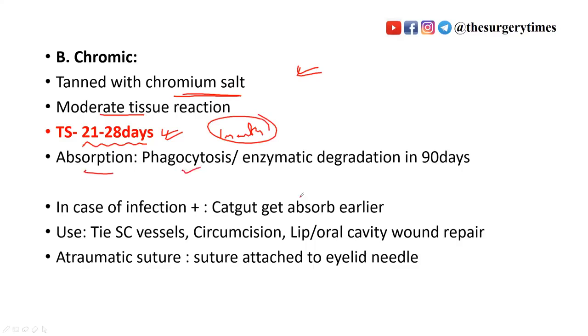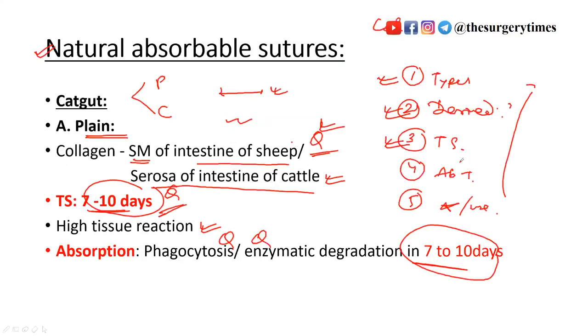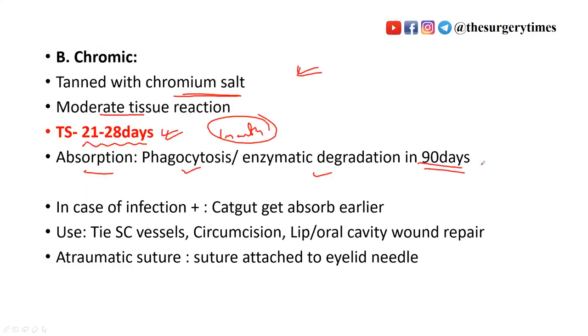Same phagocytosis and enzymatic degradation, but in 90 days. In plain catgut absorption is only 7 to 10 days, but here it is about 90 days. Next is moderate infection, and no need to remember all this. It is used to tie subcutaneous vessels in case of circumcision. This is important. Circumcision, and also oral cavity wound repair.